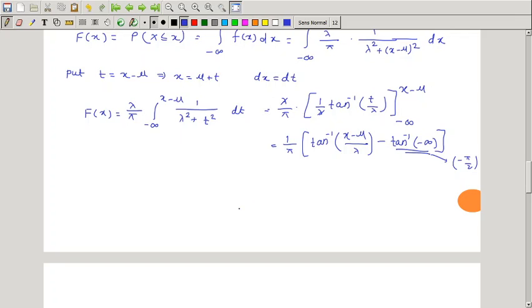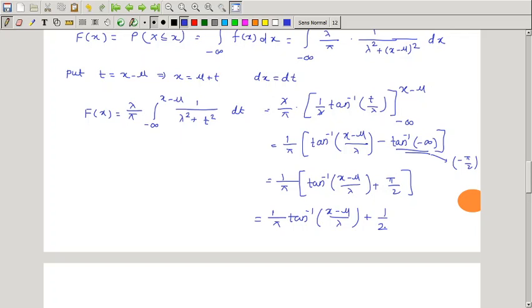Finally the distribution function is 1 upon pi tan inverse of x minus mu upon lambda, and this minus minus pi by 2 gives plus pi by 2. Or you can simply write it as 1 upon pi tan inverse of x minus mu upon lambda plus 1 by 2.